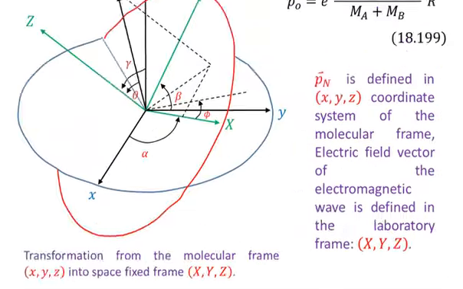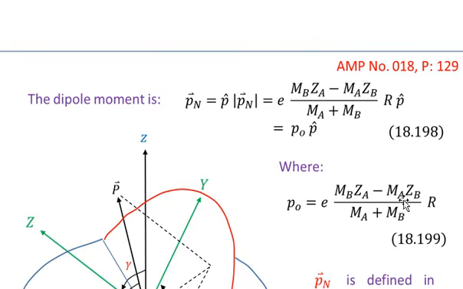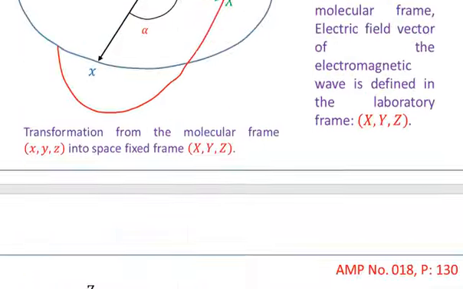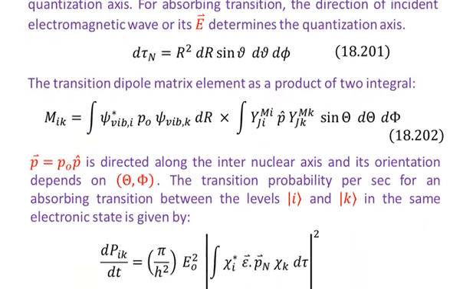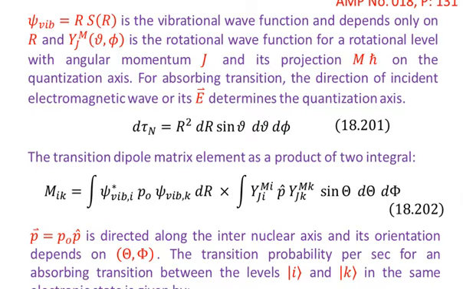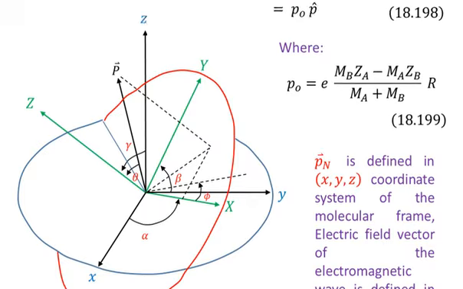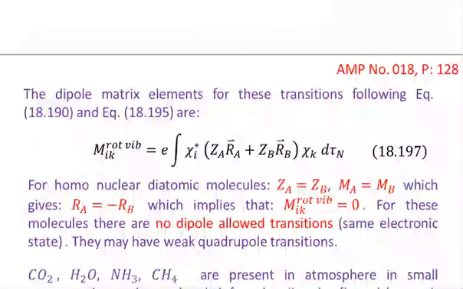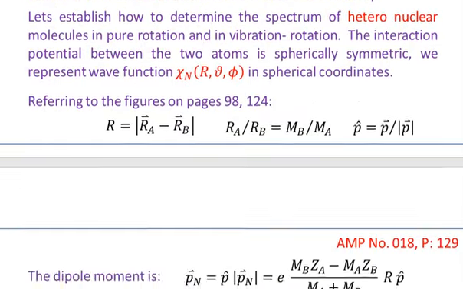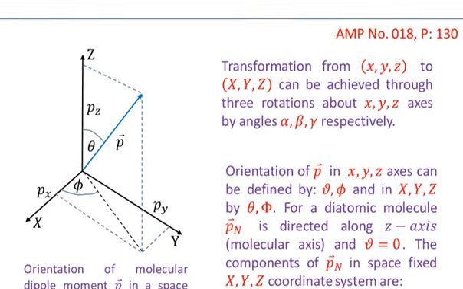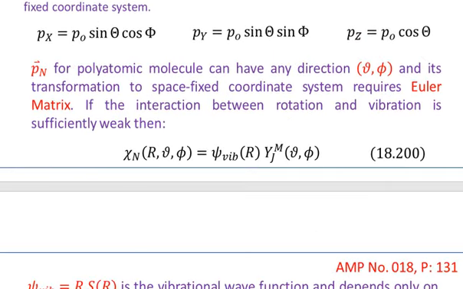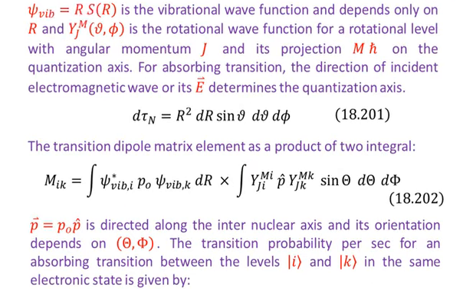I have given the value of p naught over here. This p naught contains only the radial part, whereas p hat contains the azimuthal or angular part. So I have put the value of p_n vector in this integral, which I am going to solve, and then you can separate out the two wave functions and write the two integrals.